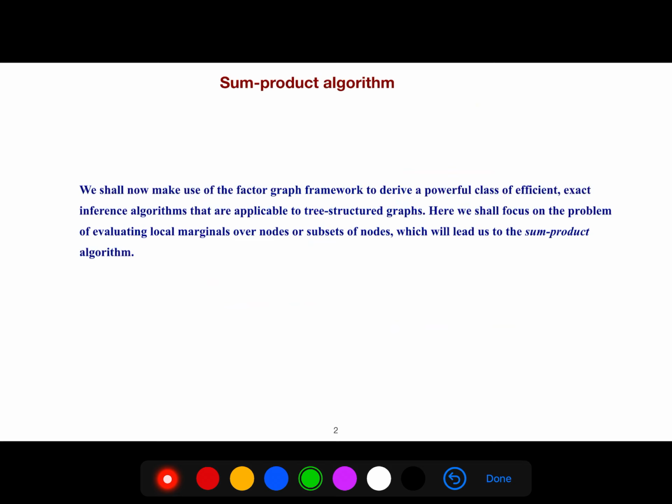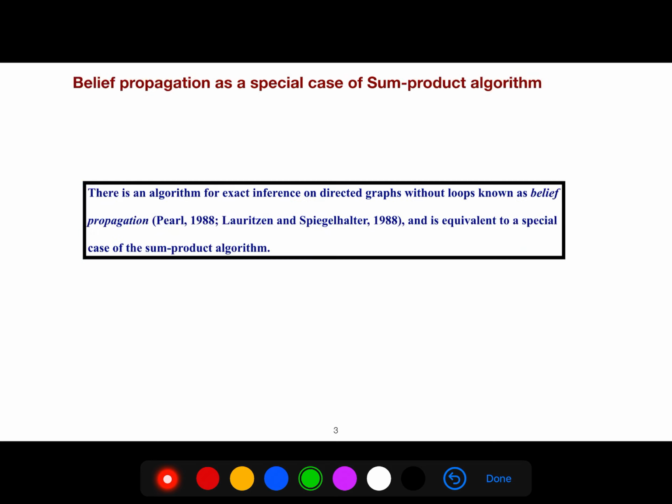And we shall now make use of the factor graph framework to derive a powerful class of efficient, exact inference algorithms that are applicable to tree-structured graphs. Here we shall focus on the problem of evaluating local marginals over nodes or subsets of nodes, which will lead us to the sum product algorithm.